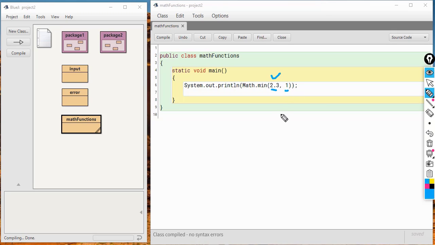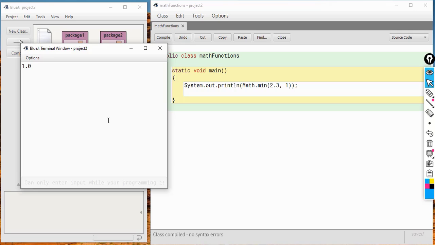Definitely 2.3, not in its value, in its data type. 2.3 is a double and 1 is an integer. So definitely double is bigger, so the answer will also be in double form. That means it will be 1.0 and not 1. So let's have a look at the output. You can see the answer is 1.0 and not 1. This same rule applies for the max function as well.